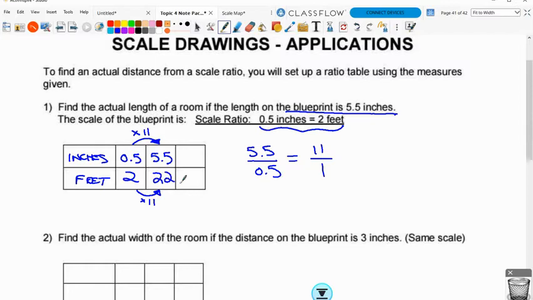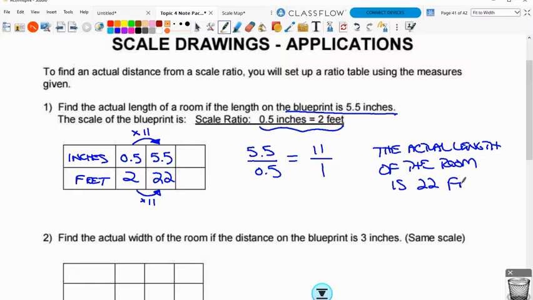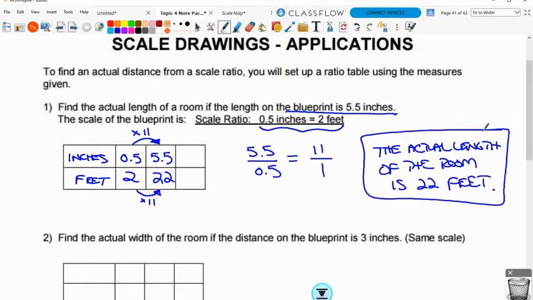And so I know that the actual length of the room is 22 feet. Okay, so again, I started with the scale ratio that said a half inch corresponds to 2 feet.